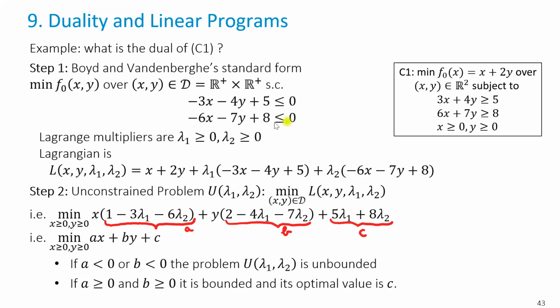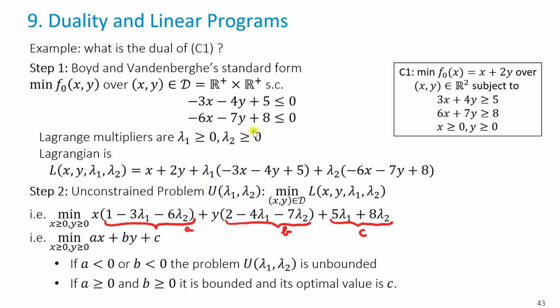There is no equality constraint. So there are only Lagrange multipliers that have the constraint of being non-negative. If you remember, the standard framework imposes this. And the Lagrangian is the objective function, x plus 2y, plus lambda 1 times the first inequality constraint, plus lambda 2 times the second inequality constraint. So what I'm doing here is trying to use the Boyd and Vandenberghe generic methods to find the dual of C1.